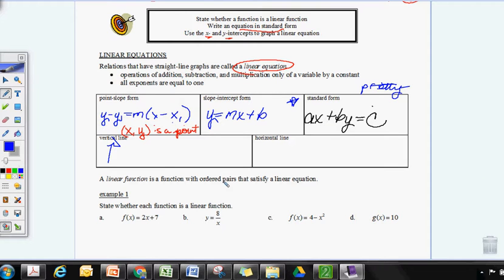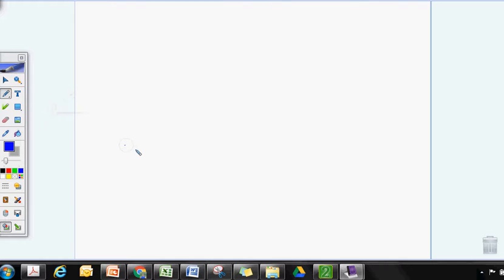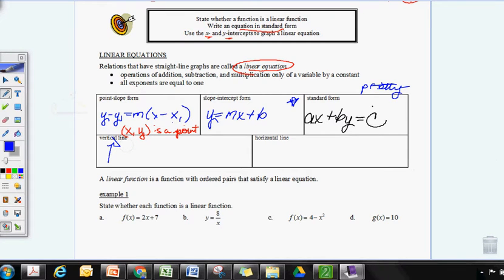And this vertical line is x equals some kind of a number. And hopefully you guys remember a horizontal line, lines that go left and right. That is going to be y equals some number.